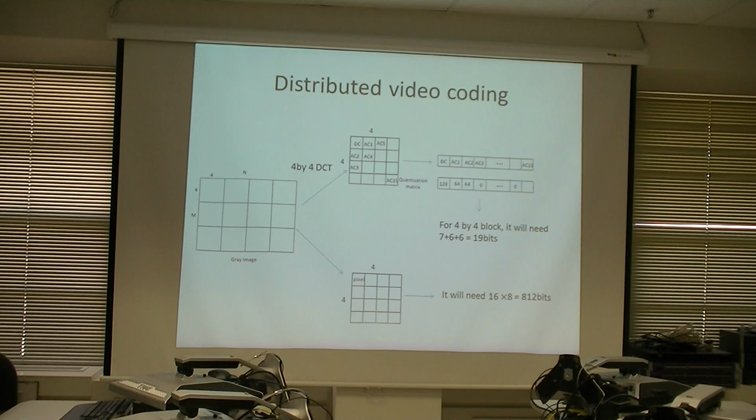And you first just vectorize that matrix and sort it? Yeah, here we use the zigzag scan order. So DC, then 1, 2, 3, 4, 5 this way, the zigzag scan.